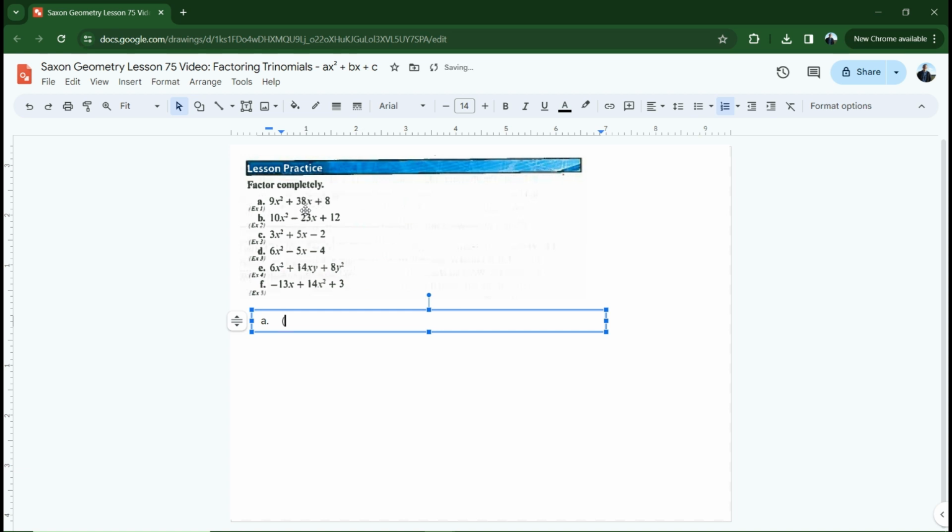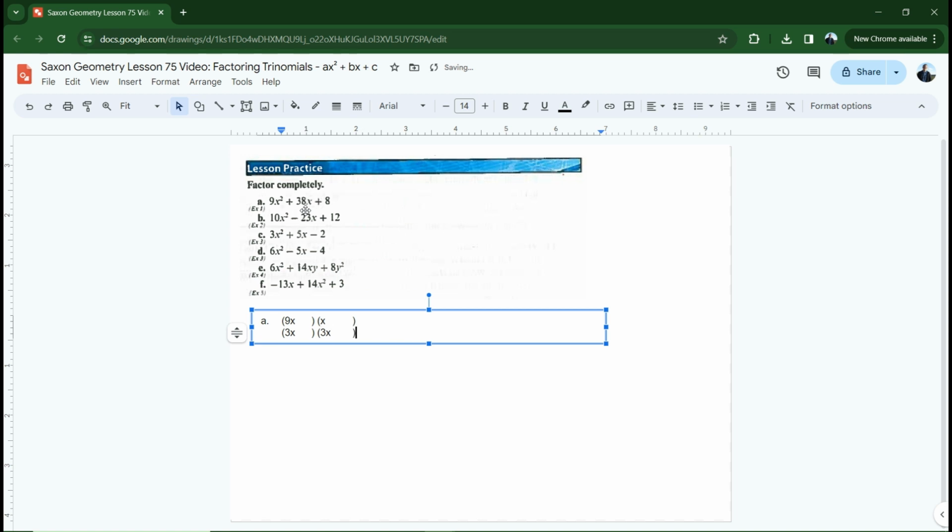So here's what we're going to do. The first thing we're going to note is that 9 has two sets of factors that make 9. So 9x can multiply by x to make 9x squared. Or I could use 3x times 3x to make 9x squared.